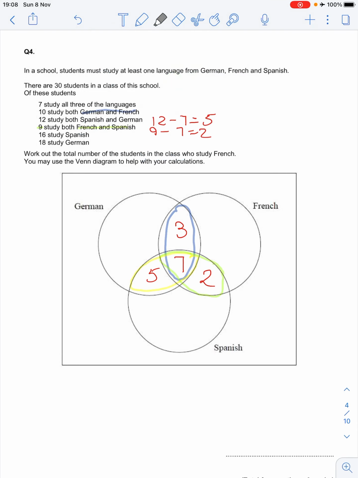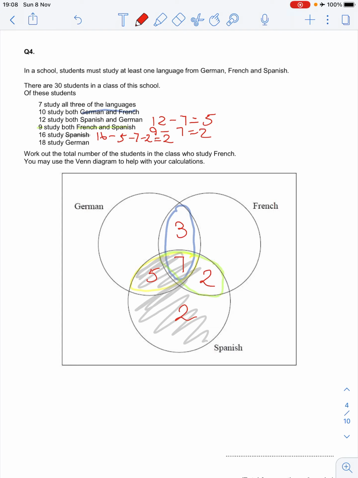This means everything in this circle here needs to add up to 16. So what do we have already? So we have 16 take away 5, take away 7, take away 2. This is equal to 2.